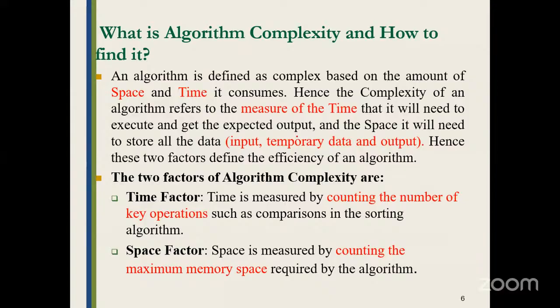Algorithm complexity is defined based on the amount of space and the amount of time consumed by the algorithm. Hence, the complexity of an algorithm refers to the measure of the time that the algorithm will need to execute and get the expected output.